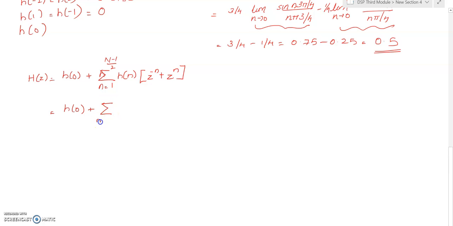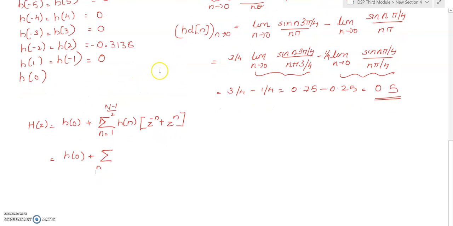The rest of the terms are 0, so only 2 is under concern here, so it becomes h of 2 into z raised to minus 2 plus z raised to 2. So this becomes 0.5 plus minus 0.3138 times z raised to minus 2 plus z raised to 2.